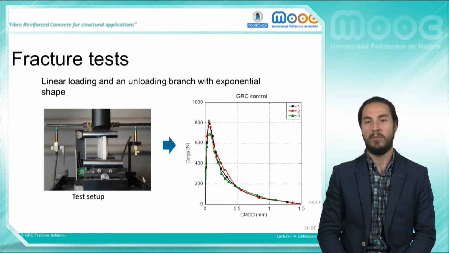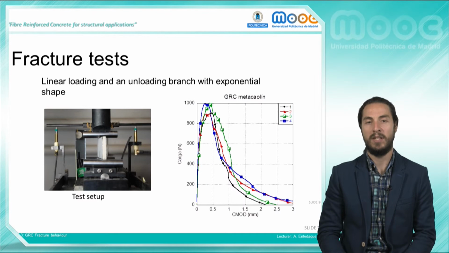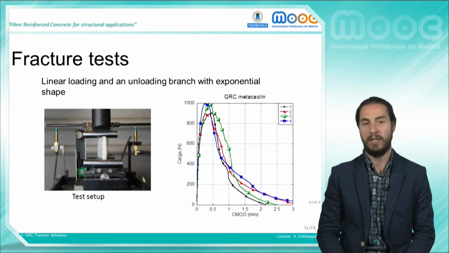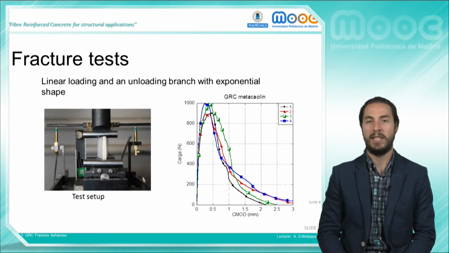The only difference among the samples can be found in the maximum load registered. If the normal formulation of GRC is modified by adding 25% of the cement weight in metakaolin, there are several changes in the fracture behavior that should be noticed. First of all, the scattering among the test results is noticeably higher than in the case of the normal formulation.